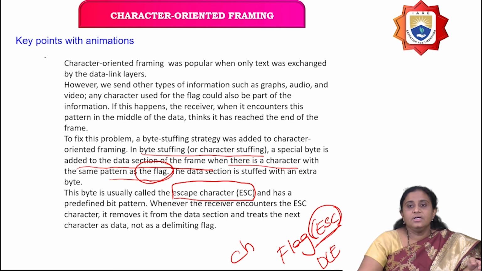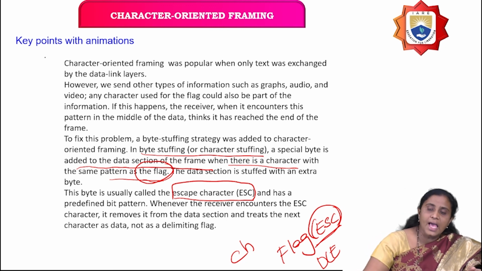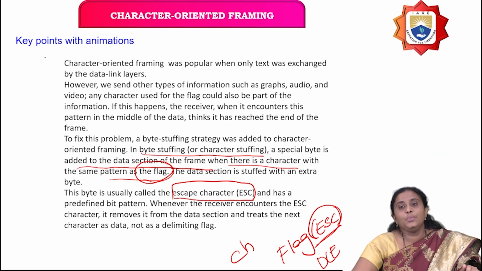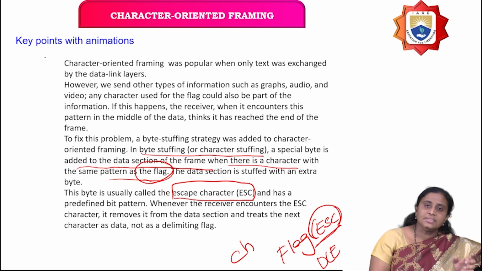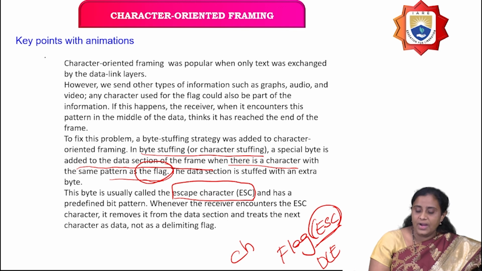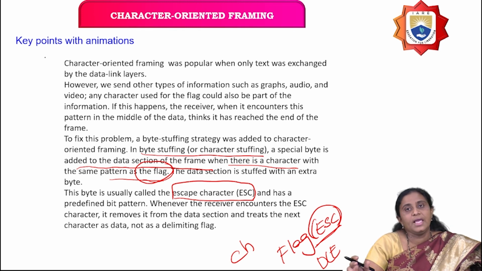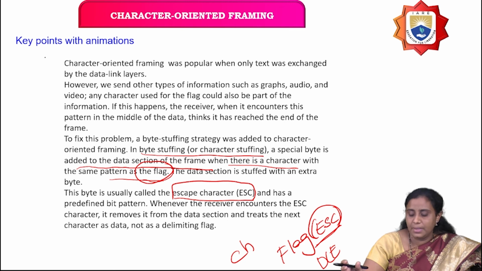Whenever the receiver encounters the DLE in place of the ESC character, it removes it from the data section and treats the next bit as data. It will not be treated as a delimiting flag. This is one of the examples of the differences between character oriented framing and bit oriented framing.